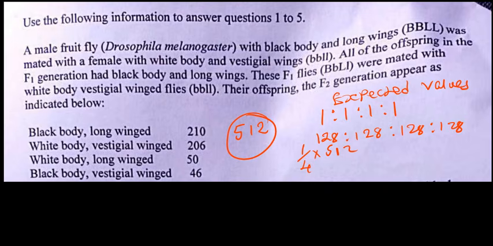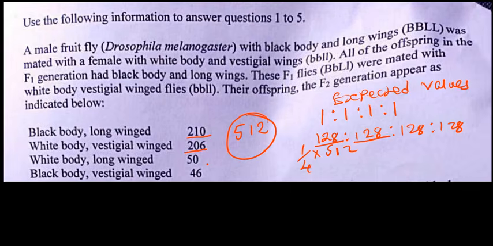At this point we have both the expected values as well as the observed values. If you check here, you can see that the observed is 210, but the expected is only 128. For those which are white with vestigial wings, the observed is 206, but the expected is only 128.